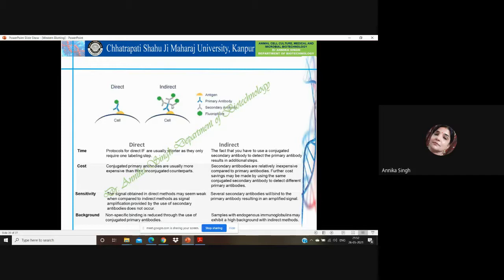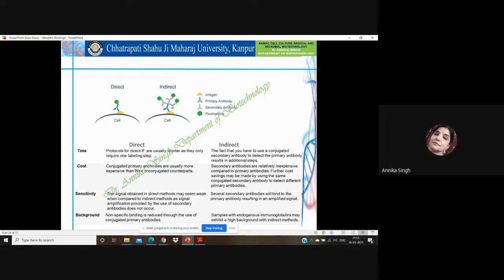In case of direct fluorescence assay, the antibody which is labeled with the fluorophore directly binds with the immobilized antigen, and then the unbound labeled antibody is washed off with a rinsing step. After that, the slide is visualized under either an epifluorescence microscope or a confocal microscope.